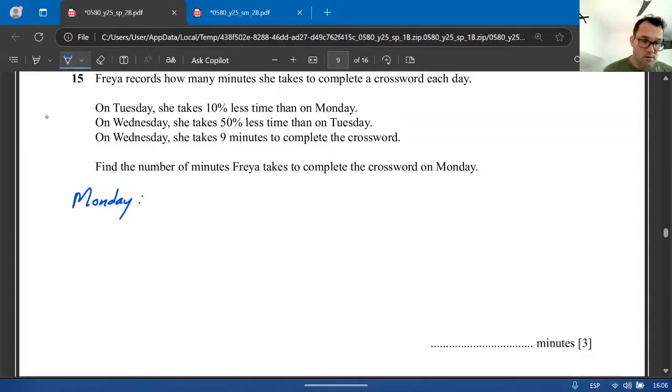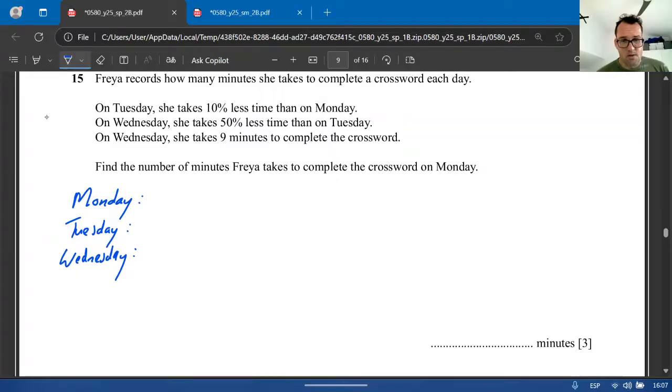Okay, we don't know how long it took on Tuesday, so let's look at Tuesday. Tuesday it took her 10% less time than on Monday. And then on Wednesday, she takes 50% less than on Tuesday.